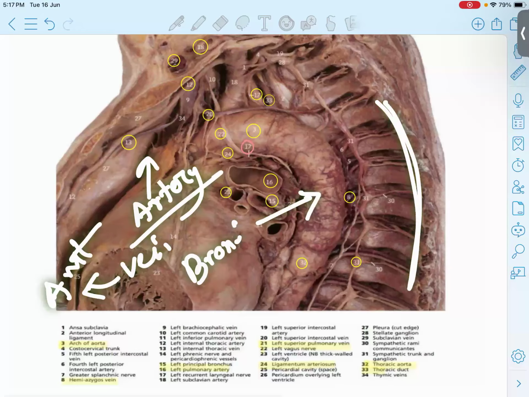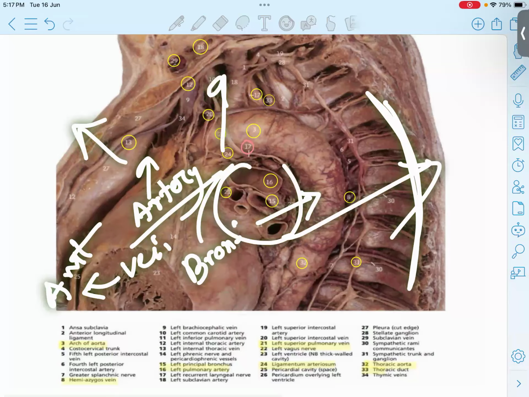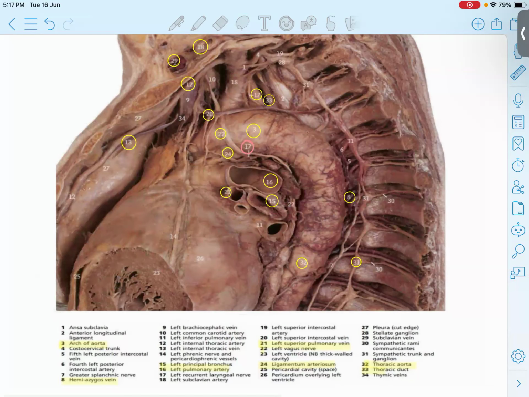So as it is vertebral, it is posterior side, it is anterior side, and it is superior side. So what will be here? 16. What is 16? 16 is left pulmonary artery. Okay. See, it is superior. Vein you will get anteriorly. 21, and this structure 21 will be left superior pulmonary vein, and this is left inferior pulmonary vein. Okay, and 15 is bronchus. Which bronchus? Left principal bronchus. So we have completed roots, we have completed aorta.